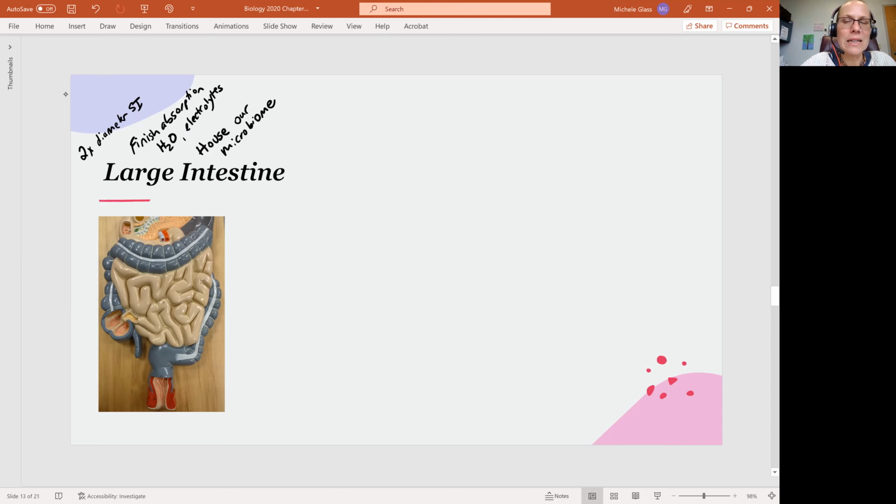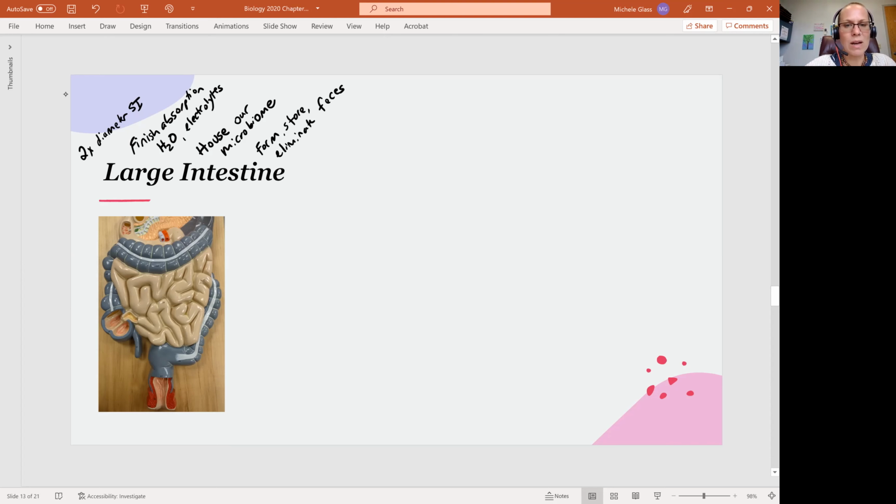But it's important to pay attention to the fact that the digestion that happens in the large intestine is not done by our cells. It's the cells that live in our body that do that for us. And then let's say form, store, and eliminate our feces. So that's, of course, the waste material that we're not able to use.